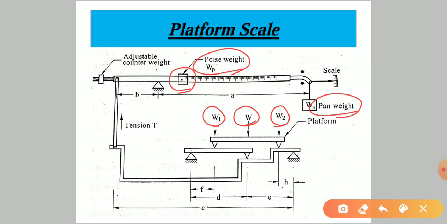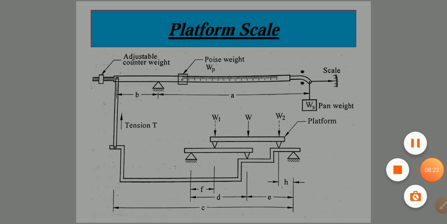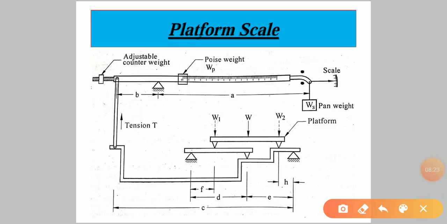Before the unknown load W is placed on the platform, the poise weight WP is set to the 0 position of the beam scale, and the counterweight is adjusted to get the initial 0 balance of the scale.